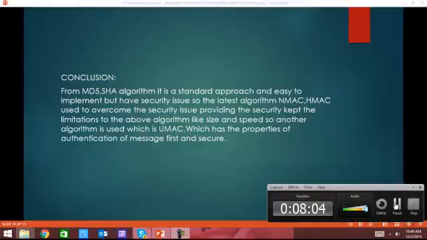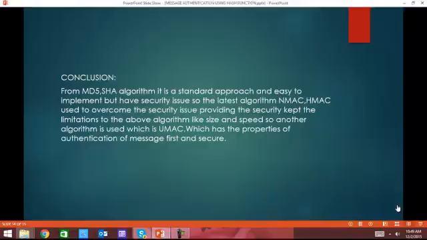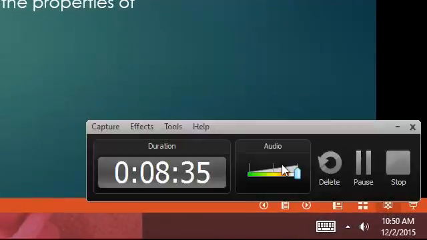New algorithms such as the nested message authentication code and the message authentication code and hashing function are reasonably strong, reasonably efficient algorithms for this process. Lately we used UMAC, which is fast and secure and overcomes the drawbacks of the previous versions. So I think UMAC is the best algorithm used lately.